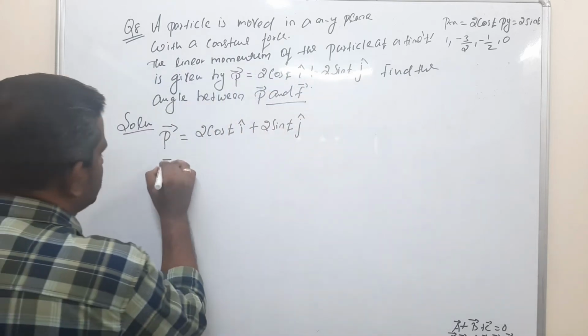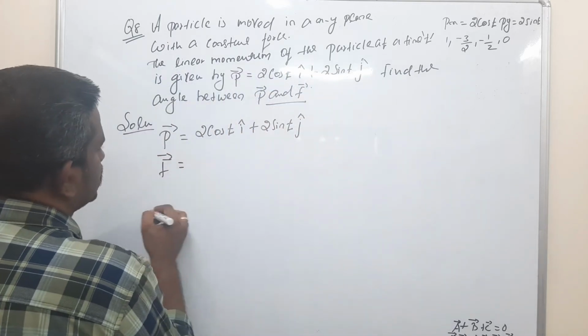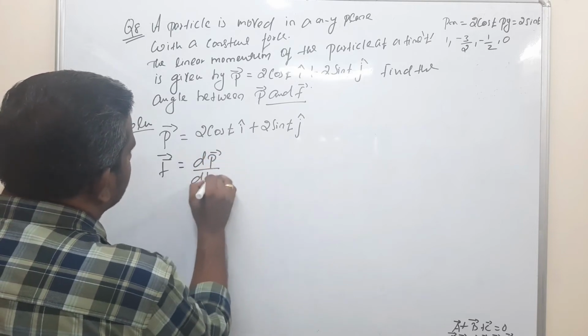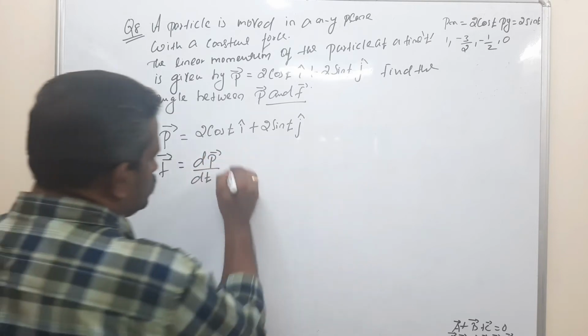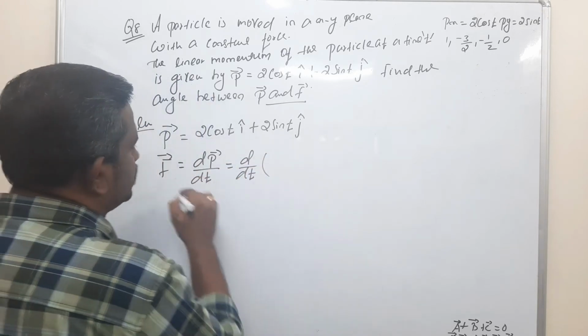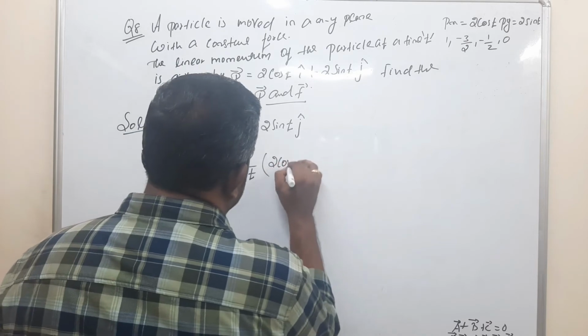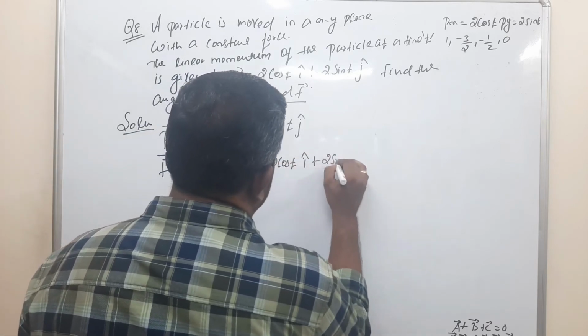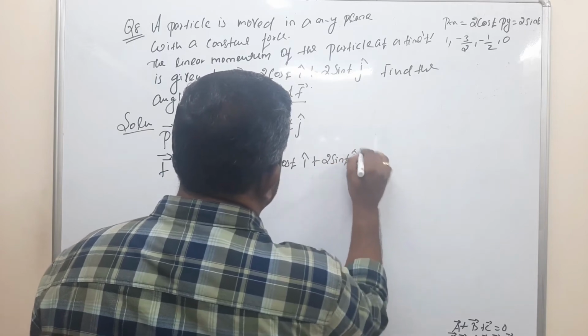So F vector is equal to dP vector divided by dt. That is d by dt of P vector, that is 2 cos t i cap plus 2 sin t j cap.